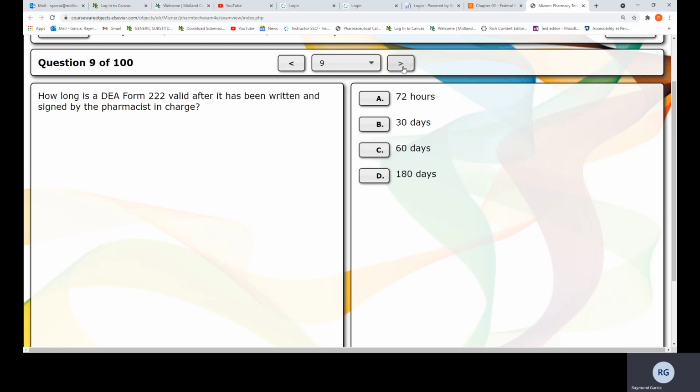How long is DEA Form 222 valid after it has been written and signed by the pharmacist in charge? That's the form we use to order. So how long do you think it's good for once it's signed by the pharmacist?